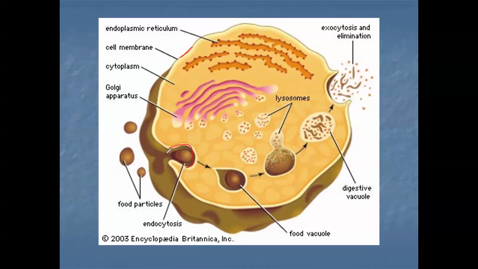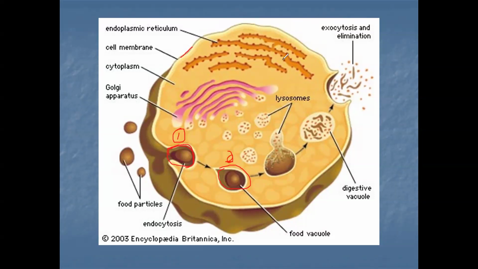What will happen is that these particles will bind to the cell membrane. Then the cell membrane will form a vesicle like this. And then the vesicle will detach itself and get into the cell. This is step one, and this is step two.